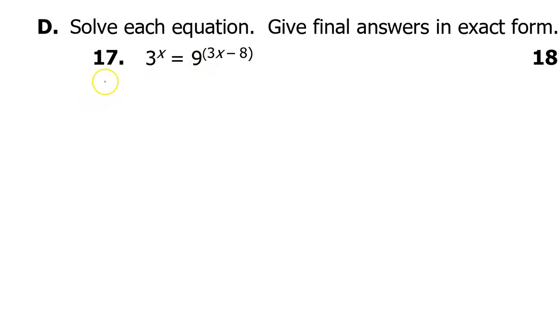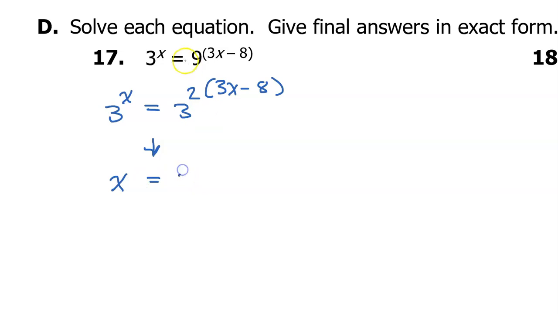So if we do that, on the left side we still have 3 to the x power, but I'm going to write 9 as 3 squared, and then I still have the 3x minus 8. So the only way that these expressions will be equal, since the bases are equal, is if the exponents are equal.